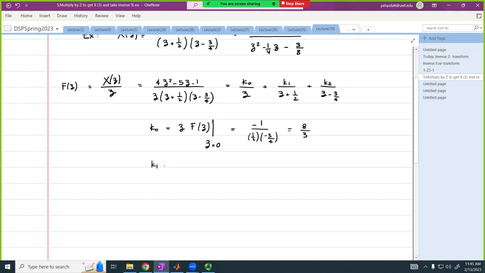Similarly, we can calculate K1, which is going to equal z plus 1/2 multiplied by f of z, and we're going to substitute when z is equal to negative 1/2. And therefore, this is going to equal 4 multiplied by negative 1/2 squared minus 5 multiplied by negative 1/2 minus 1, divided by negative 1/2 multiplied by negative 1/2 minus 3/4.